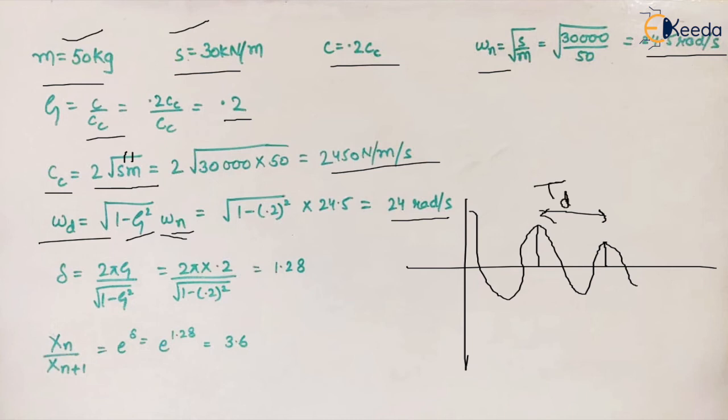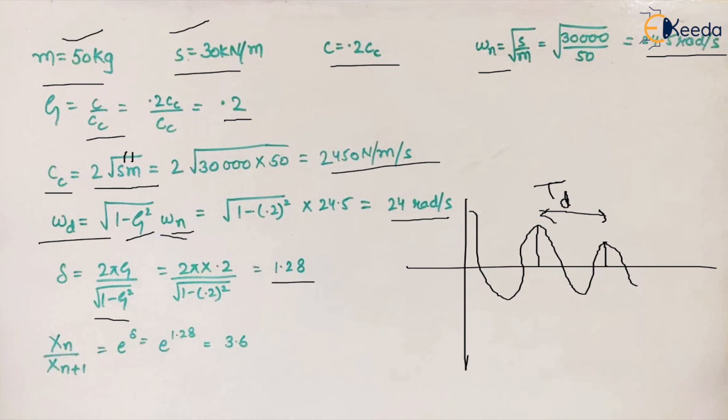So delta is given by 2 pi zeta upon under root 1 minus zeta square. We know the value of zeta because the logarithmic decrement can be calculated by knowing the damping factor. So it becomes 1.28.